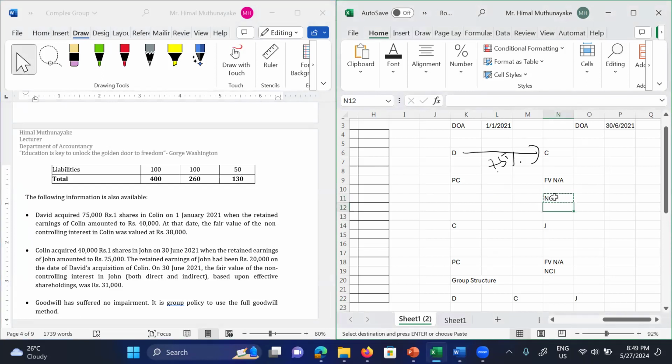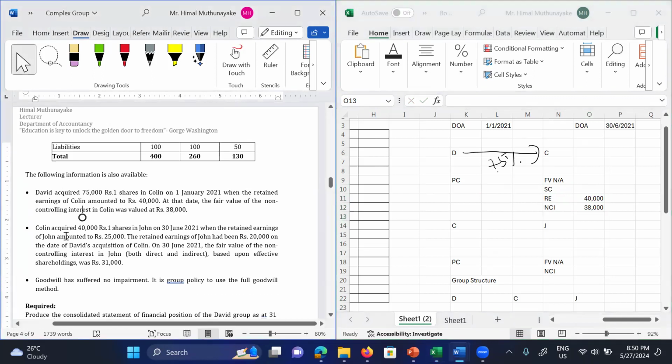Share capital we can directly get. Retained earnings is 40,000 and the NCI balance is 38,000. So I have recorded all the information explained in the first point.